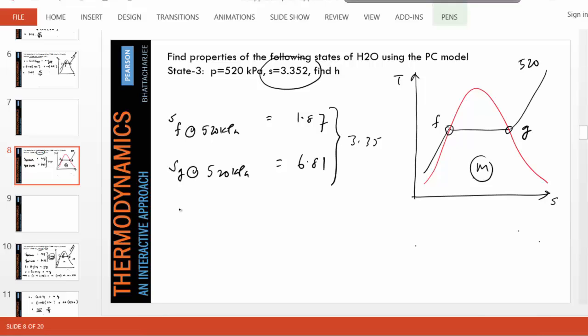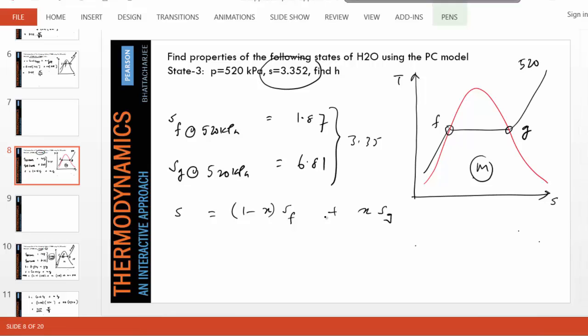Now that we know it's a mixture, we know that S of the mixture is always given by this formula. S = SF plus X times (SG minus SF), a weighted average by the quality. How much saturated liquid is there? X being the percent or fraction of saturated vapor. So if X equals 0.5, you can see it will reduce to a simple average.